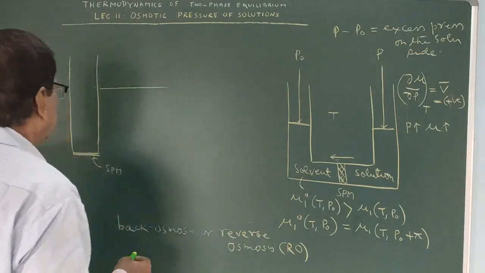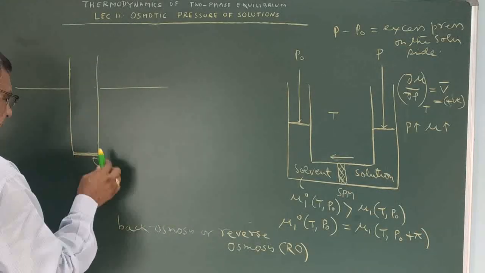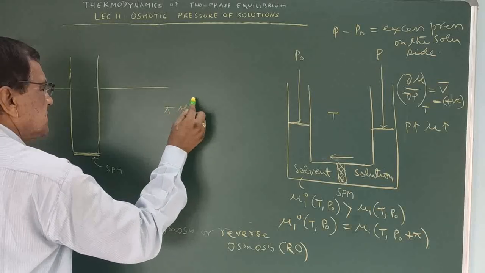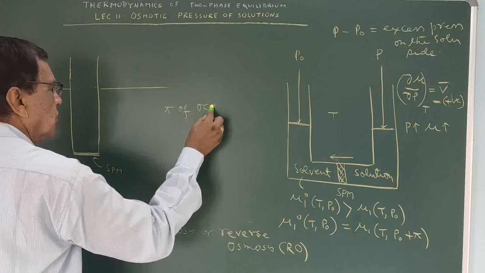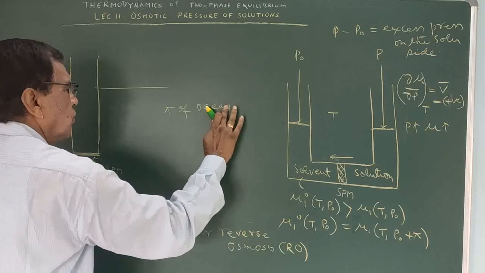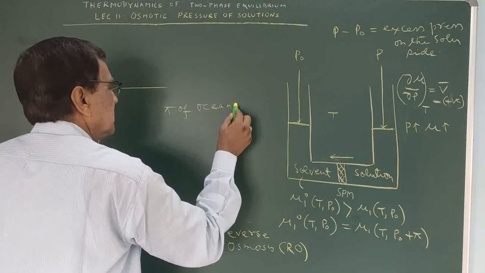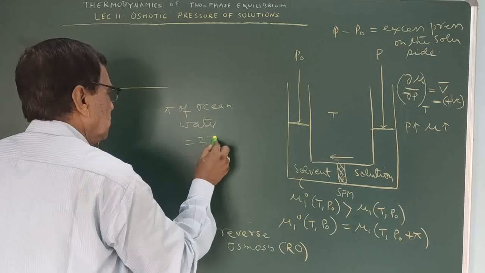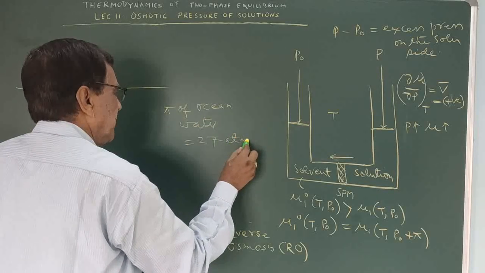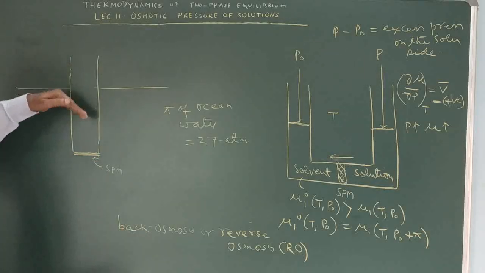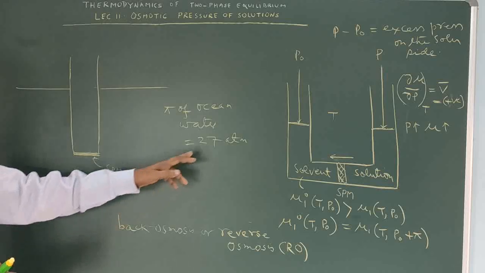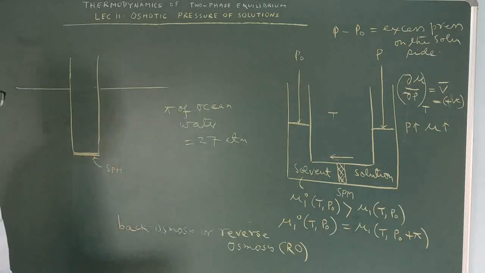And actually the osmotic pressure of ocean water or seawater is equal to 27 atmospheres. So this tube is lowered to the bottom, so that this pressure is created.